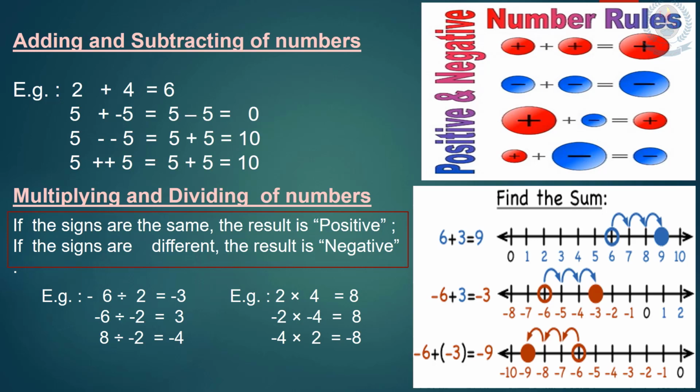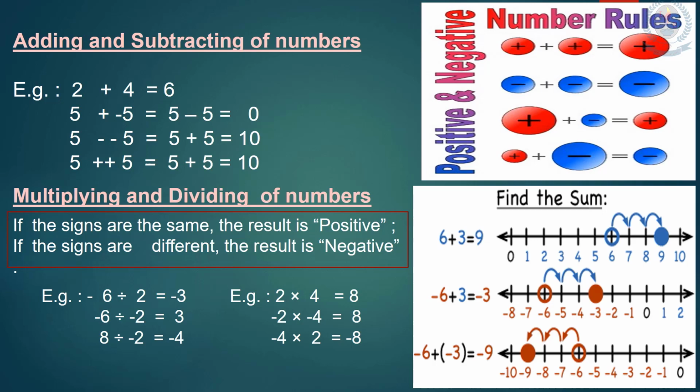If you want to add a positive number and a negative number, if it is positive 6 plus minus 2, there are more positive values, so the difference is 6 to 4. More positive values are there, so the answer should be positive.